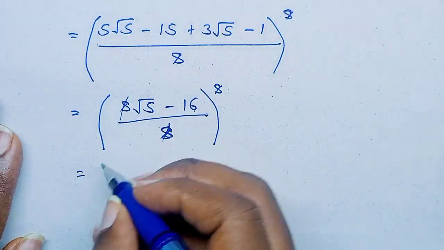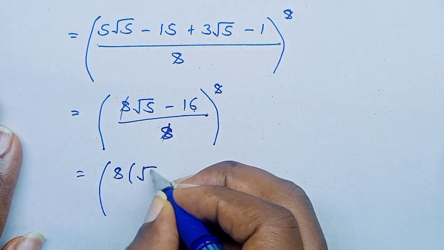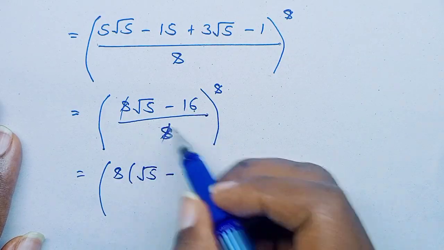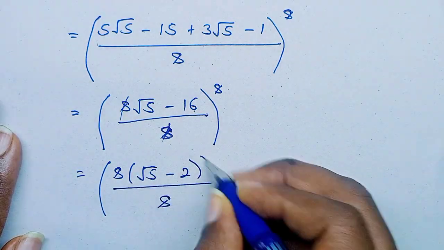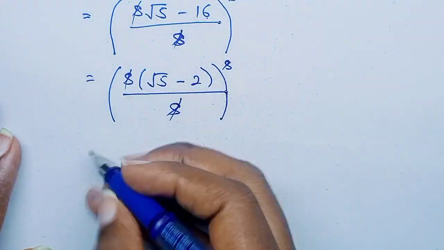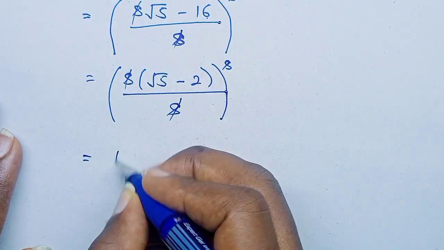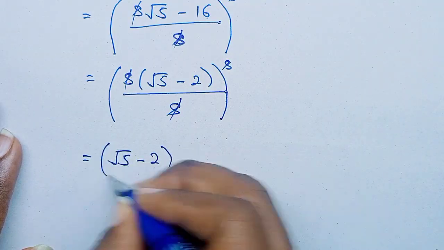So we shall factor out 8, and here we shall be left with root 5. And here 8 goes into 16 2 times. So over 8 to power 8. So this 8 cancels with this 8, and we are left with root of 5 minus 2 to power 8.